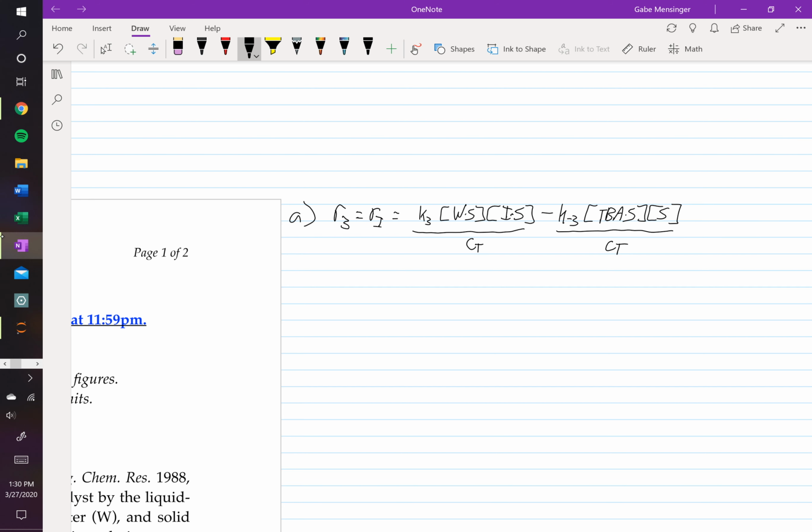If we had 1 surface species, we wouldn't have to divide. If we had 3, we would have to divide by CT squared. But since we have 2, we divide by 1 CT.